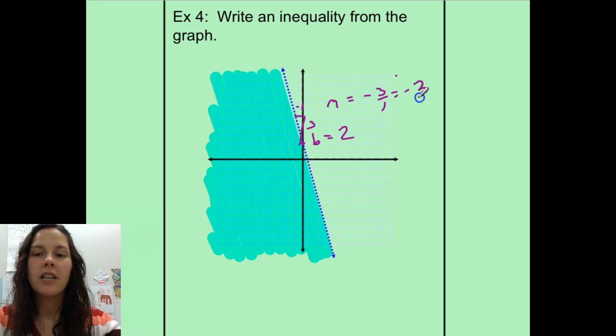Or -3. Setting up my inequality, I have y, leaving a space for the symbol, -3x plus 2. And now we need to see if it's greater than or less than.